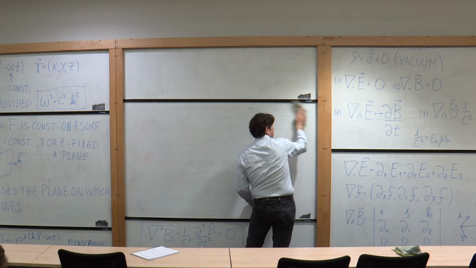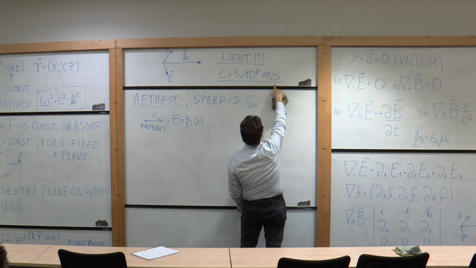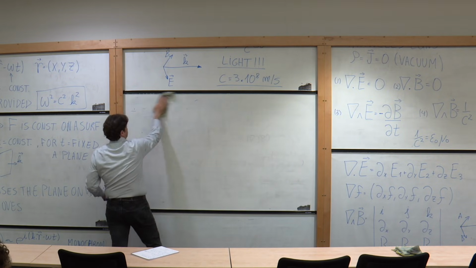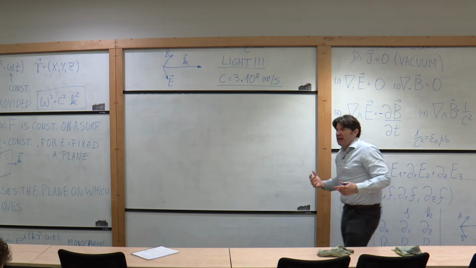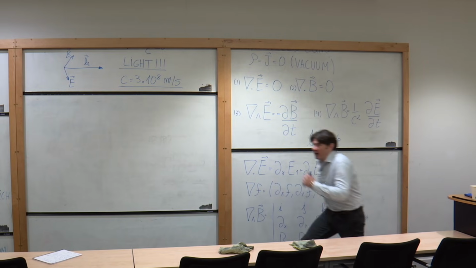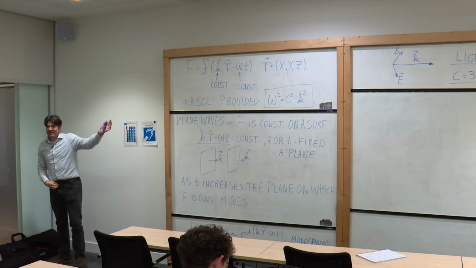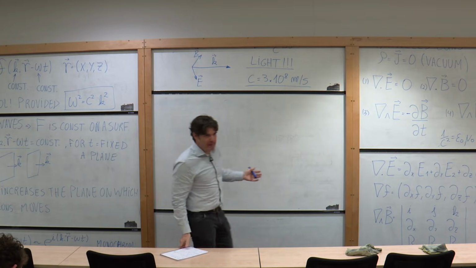The speed of light, this number here, is so large that it is hard to measure, and especially it's hard to measure differences, okay? Like, let's say I start running, and of course this is much slower than 3 times 10 to the 8 meters per second. I will not see any difference, okay?